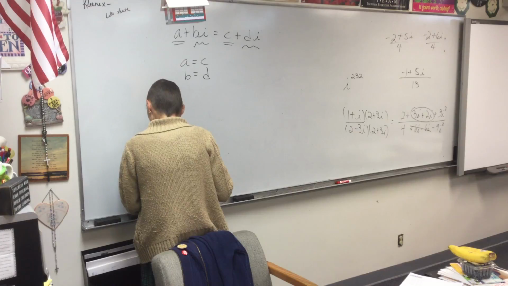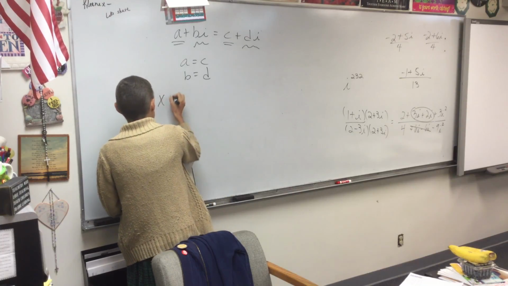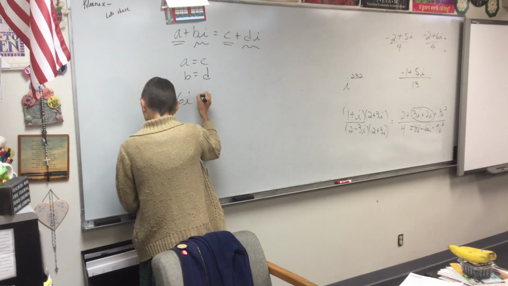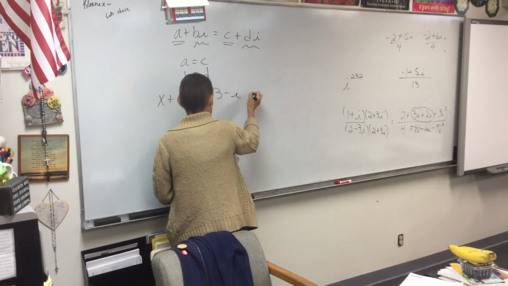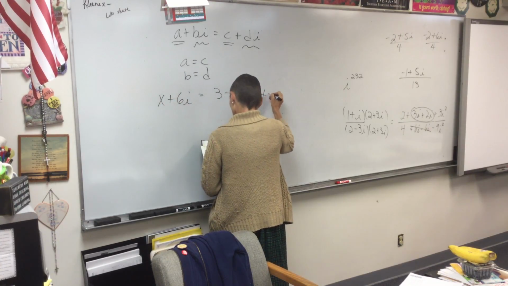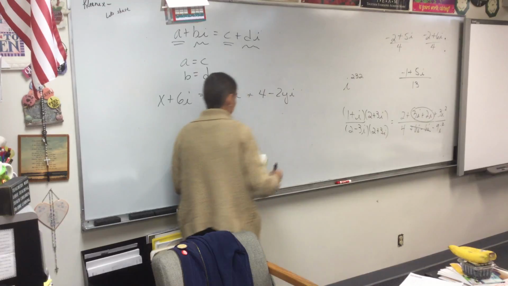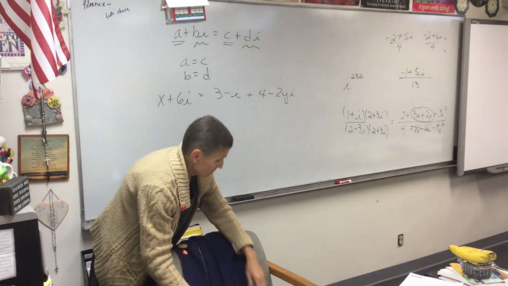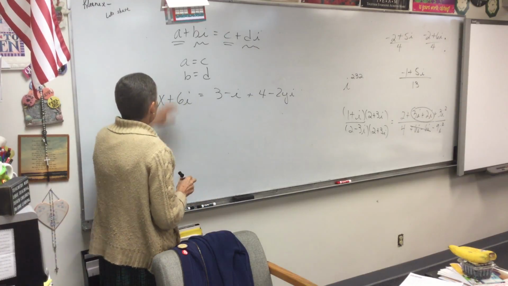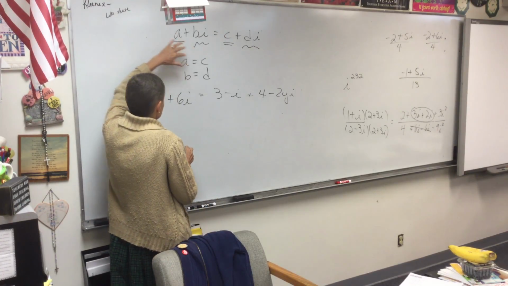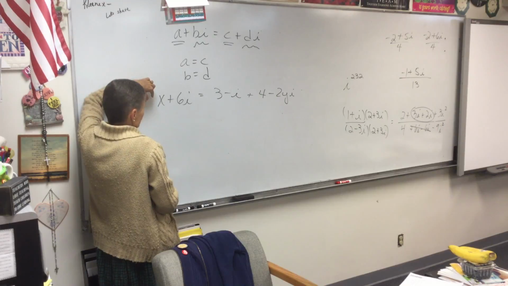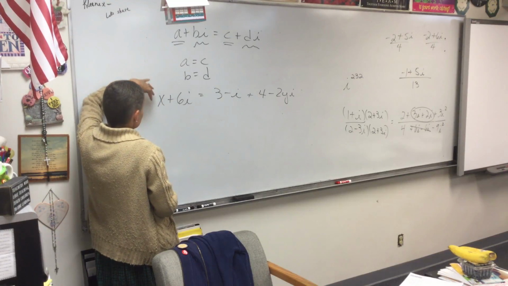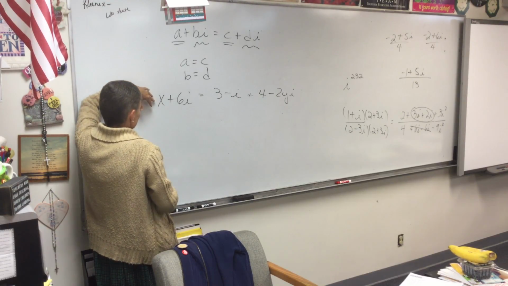So when I look at problem number 24, everything on one side without an I has to be equal to everything on the other side without an I. So, okay, what doesn't have an I over here?